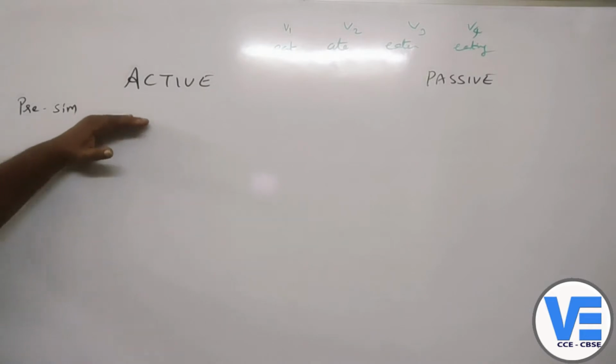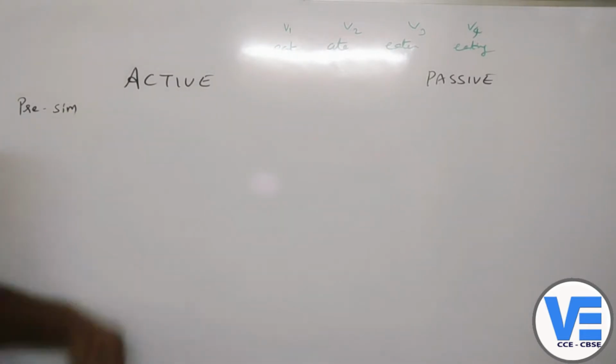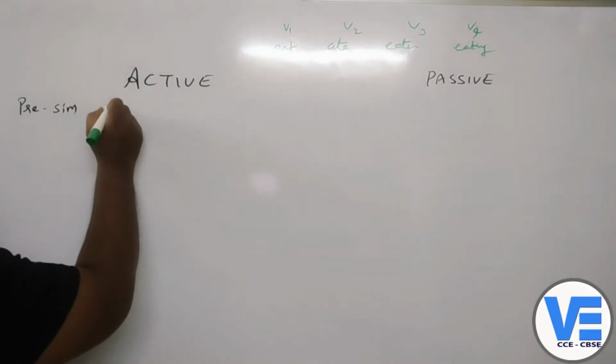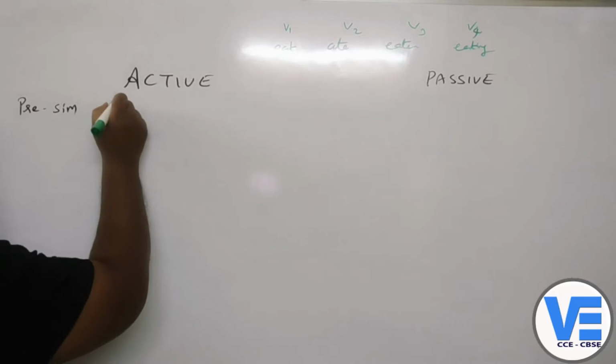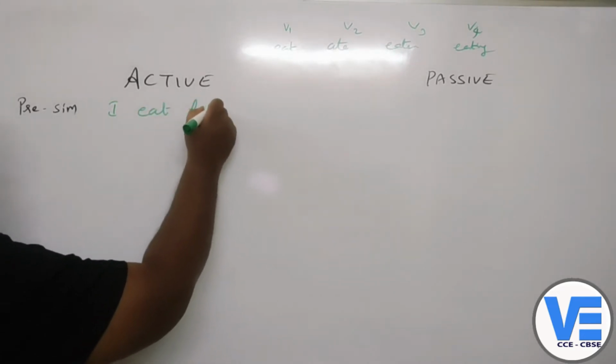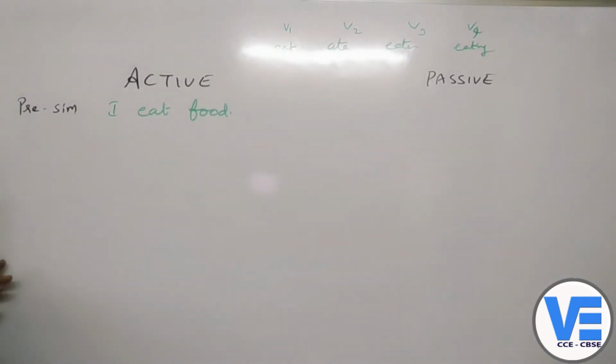Okay, so now we'll come to the active voice and the passive voice here. So when you come to the present simple, here, I'm taking an example. I eat food. So now here, what is the passive voice of this?